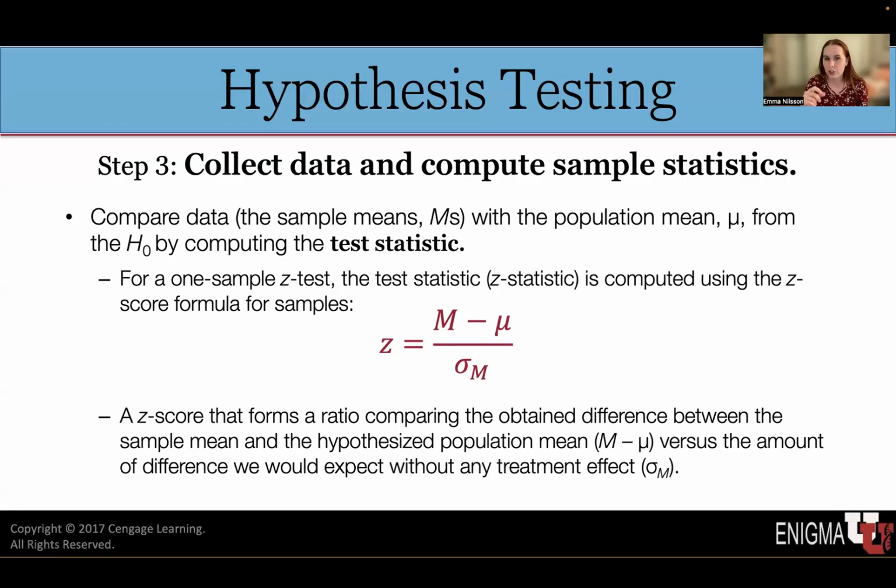Notice here that this is forming a ratio that compares whatever our obtained difference is, the real difference we got between our sample mean and our hypothesized population mean, to the amount of difference that we would expect without any treatment effect, which is our standard error. And that helps us figure out how likely this result is to have been found because of the treatment or independent of the treatment.